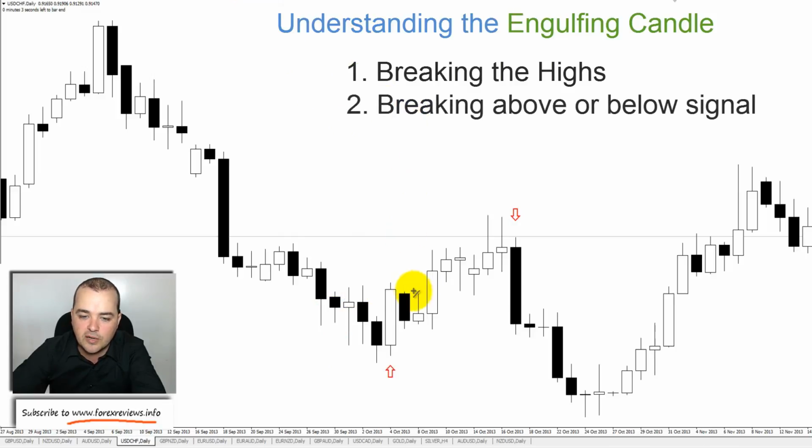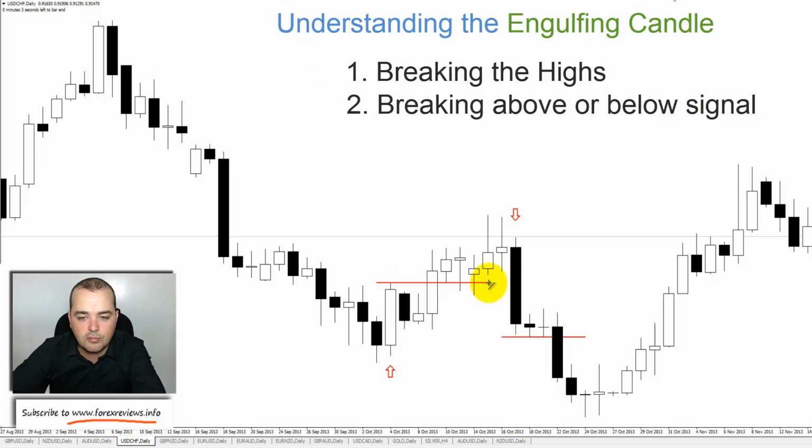The second aspect I wanted to go over is the break above. What happens when price breaks above? When price keeps breaking above or below the signal, it indicates a trend. Let's have a look at this as an example. When price broke below this engulfing candle, price continued down. Now let's look at this one.